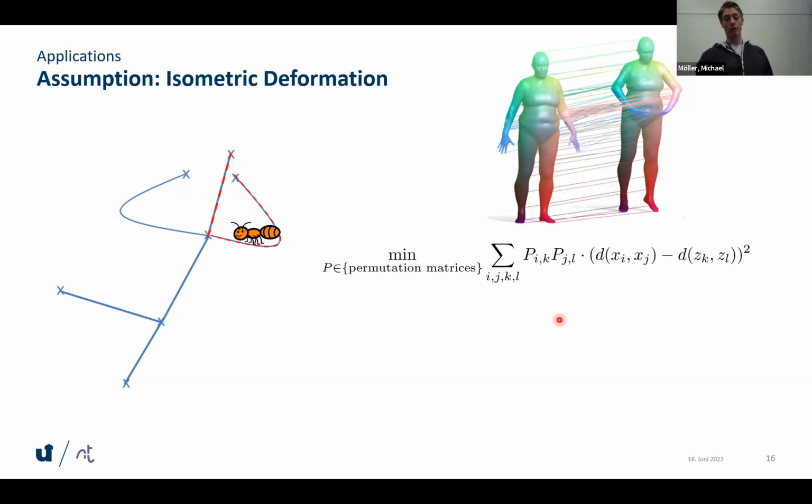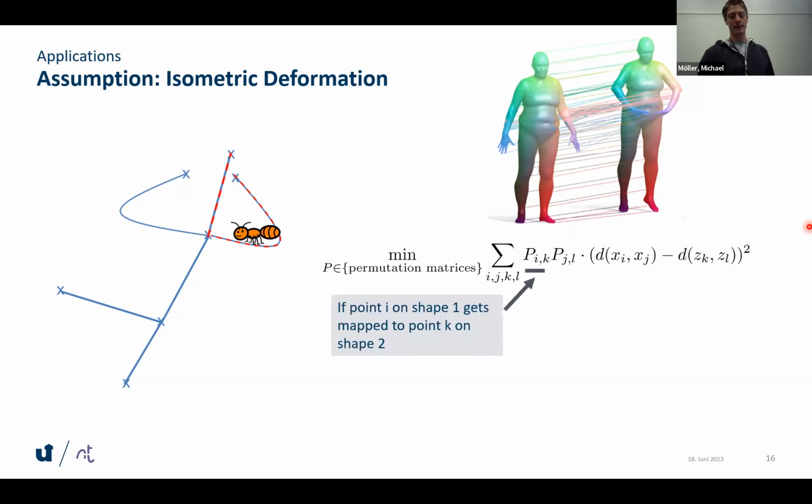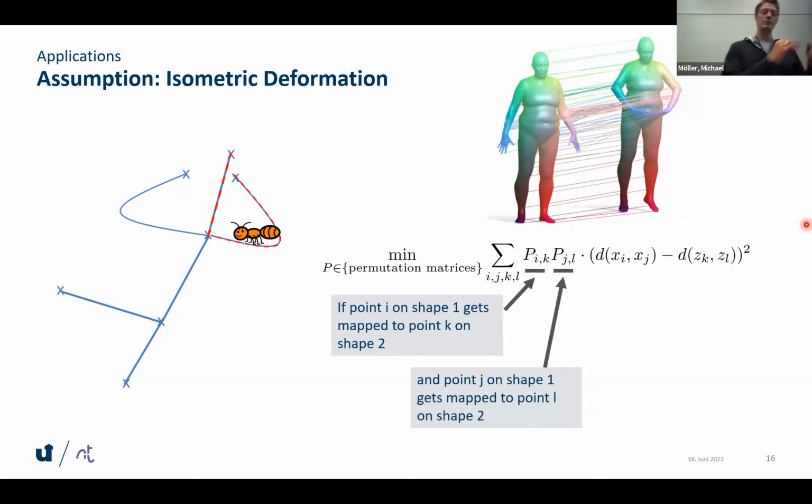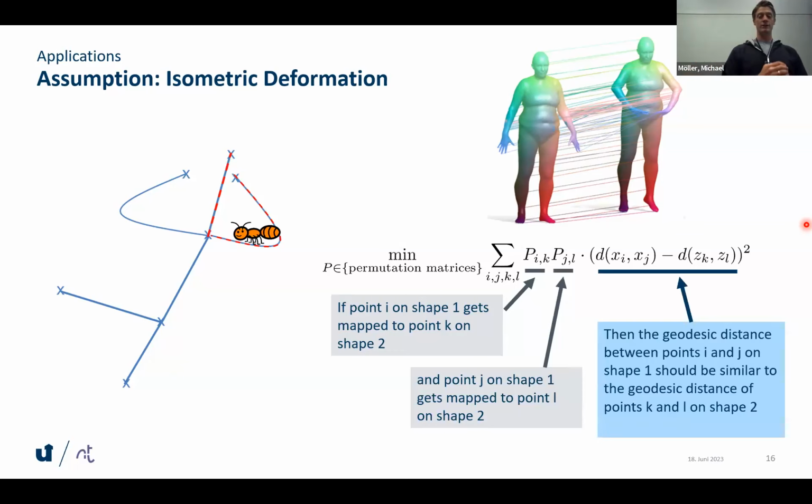And so we would classically formulate a minimization problem that looks like this, and it basically says if point i on shape 1 gets mapped to point k on shape 2, and point j on shape 1 gets mapped to point l on shape 2, then the geodesic distance between i and j and between k and l on one shape and the other should be similar. I hope this makes sense.